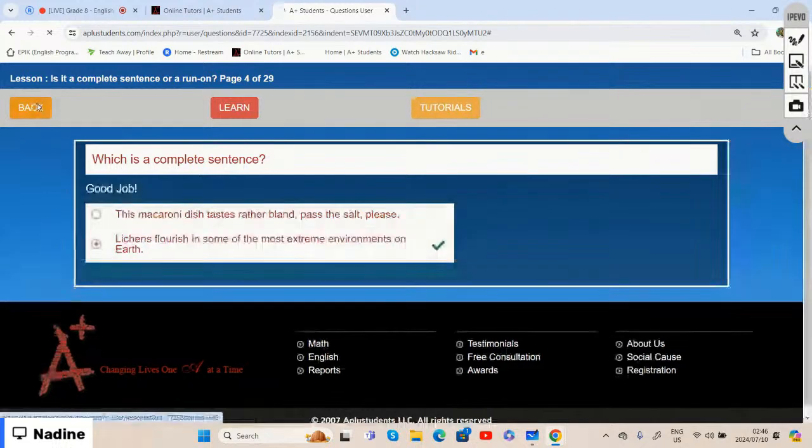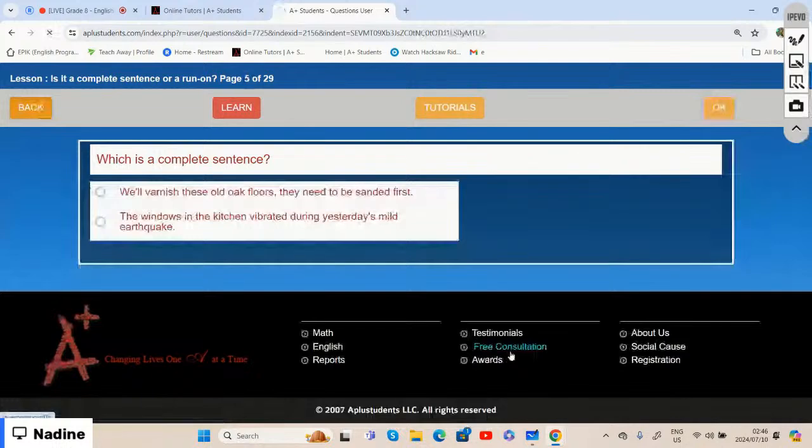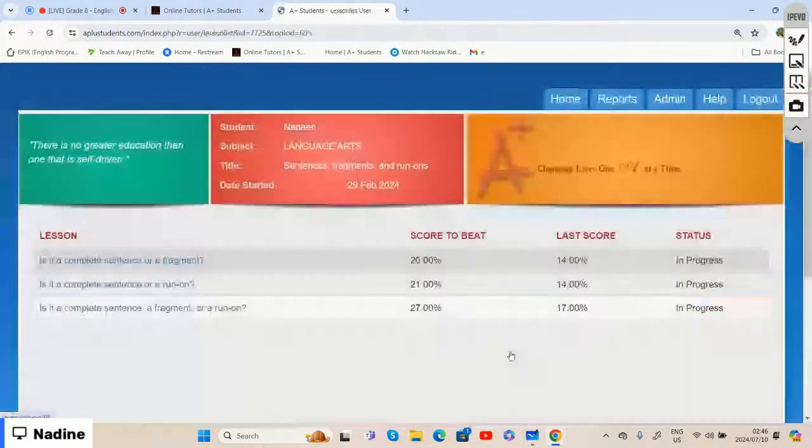All right, so that is the end of our lesson on sentences, fragments, and run-ons. In our next lesson, we will ask, is it a sentence, fragment, or a run-on? So we will basically just go over what a sentence, fragment, and run-on is again. But for now, a sentence is a group of words that forms a complete thought. It has a subject and a verb. A sentence fragment is missing a subject, a verb, or a helping verb.